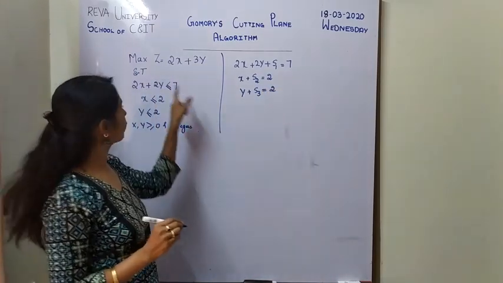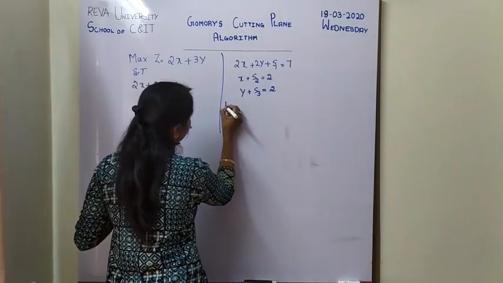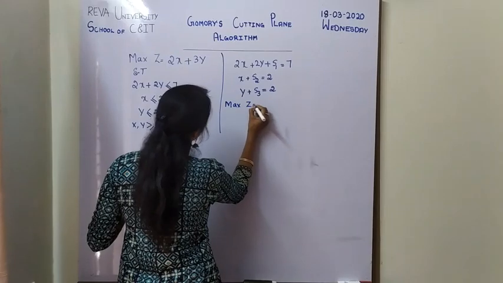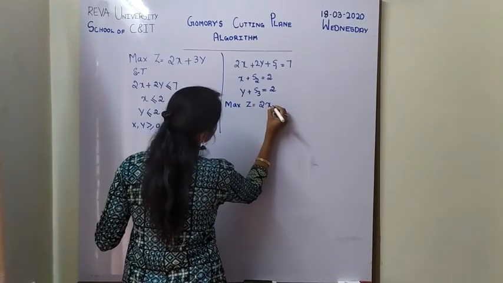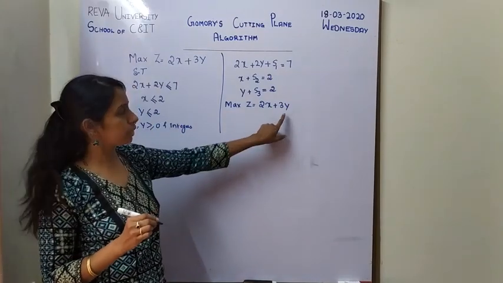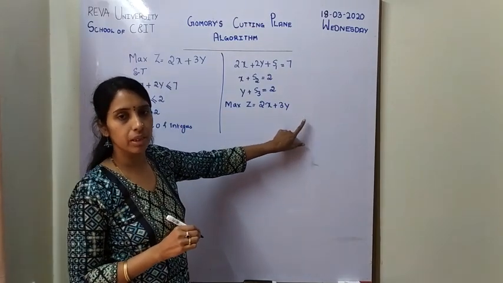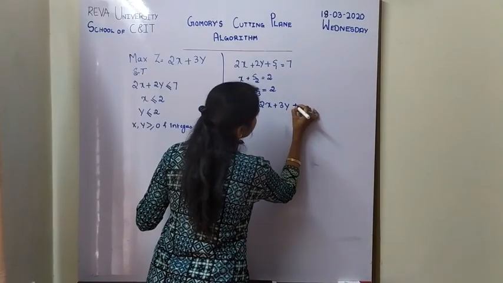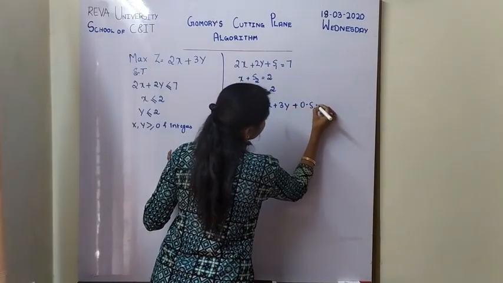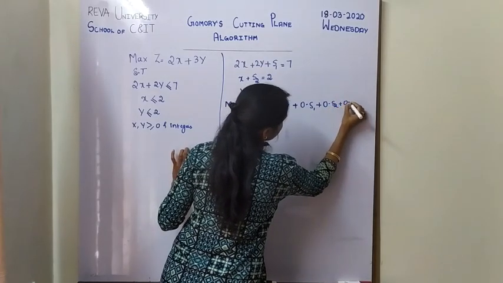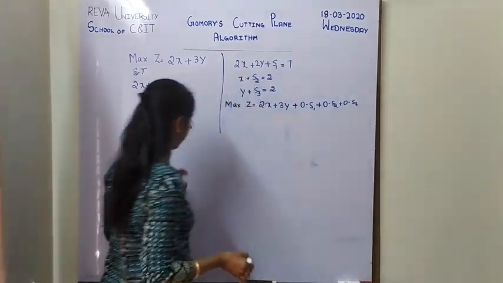Now you have to write the maximization of your objective function. Max z is equal to 2x plus 3y, and you have to include the slack variables, but the coefficients will be 0 for them. So 0 into s1 plus 0 into s2 plus 0 into s3.